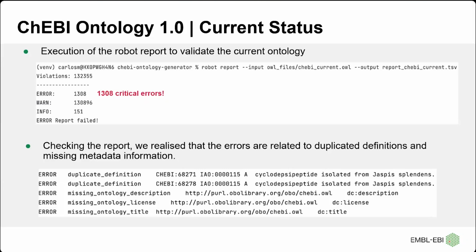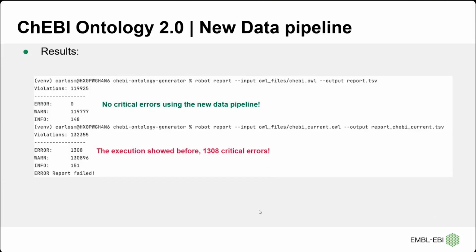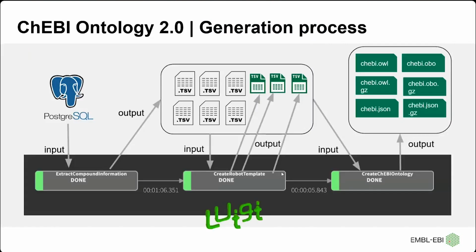That is the next slide. Again, this is an overview of the ChEBI ontology 2.0 generation process. The first difference here is that we are using a PostgreSQL database instead of an Oracle database. That is because our idea is to start to use open source tools.